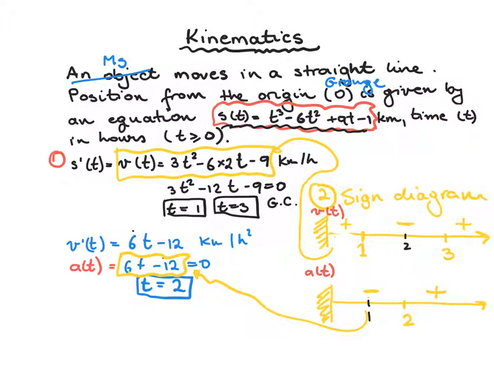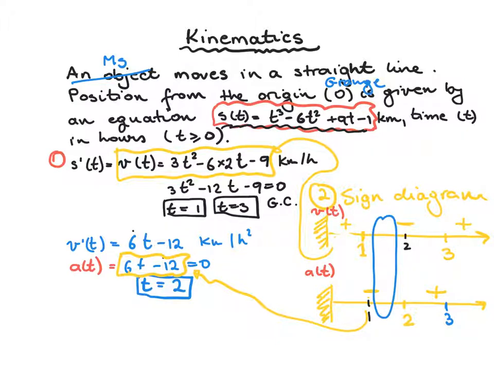So it is in this blue area. Let's check other values. What's happening after 2? After 2, this one is negative and this is positive until we reach 3. I'm going to add the number 3 there. And then after 3, I can see they have the same sign. They have the same sign, so this time is positive.